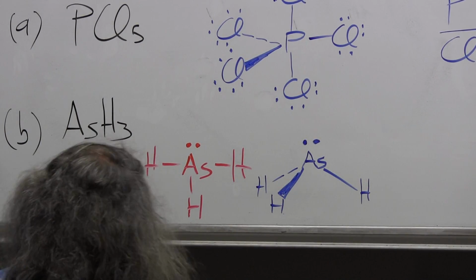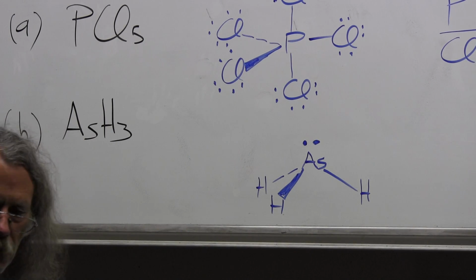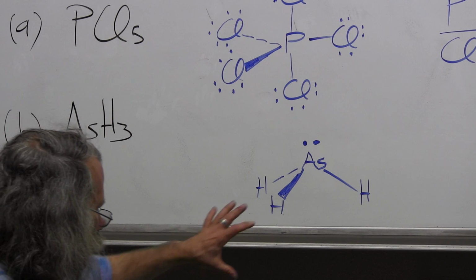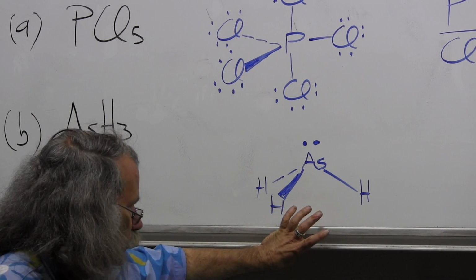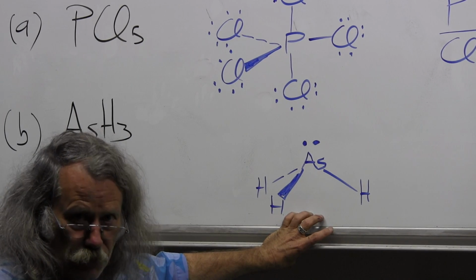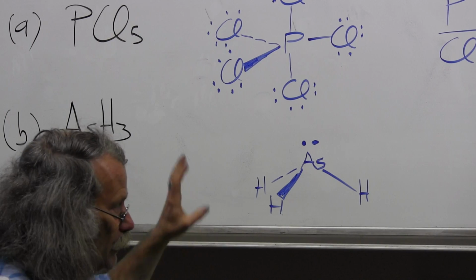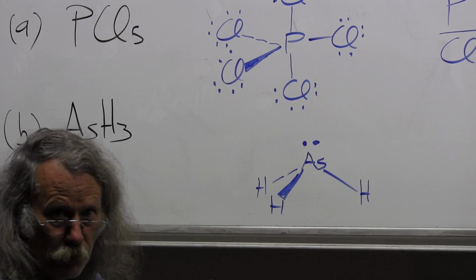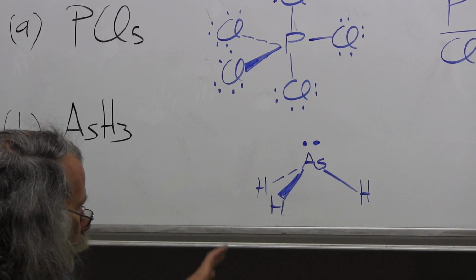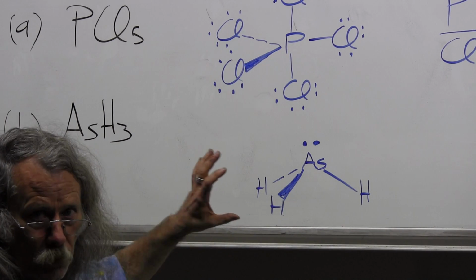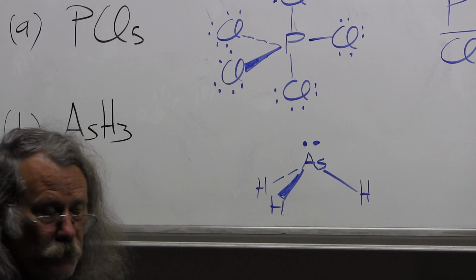I have now got the molecule with the proper geometry, and this is, by the way, called a trigonal pyramidal molecular geometry, while we have tetrahedral E-pair geometry. That's a distinction we're going to need to take into consideration when we start determining what type of hybridization we're going to observe with the arsenic. But in this problem, we're done. This is the proper geometry. There are no resonance forms required.